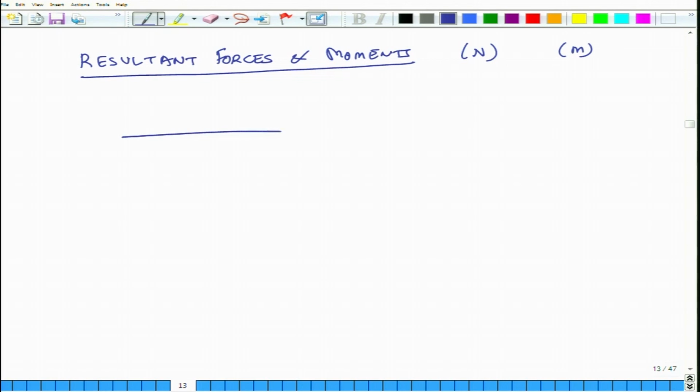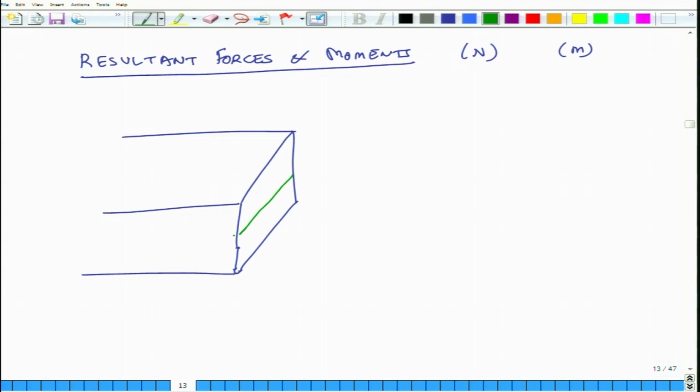So, suppose you have a composite sample, this is my mid plane, okay.